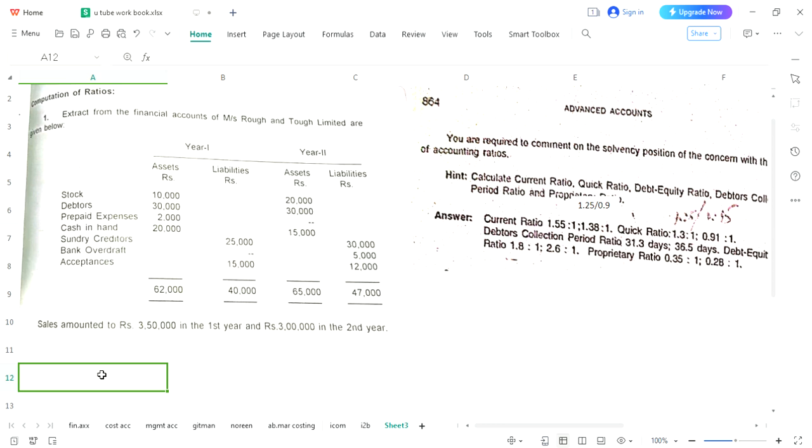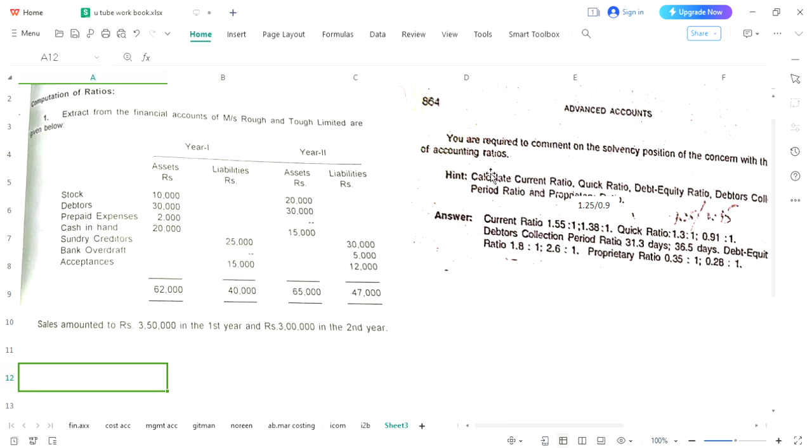So here we have our question where there are 2 years, year 1 and year 2. Year 1 has its own assets and liabilities, same for year 2. And what we are required to do, as written over here, is to comment on the solvency position concerned with the accounting ratios.